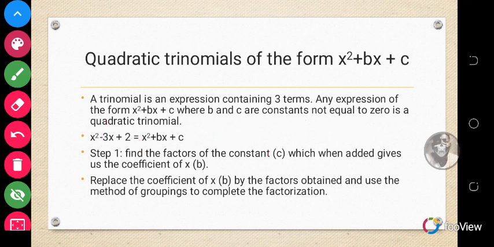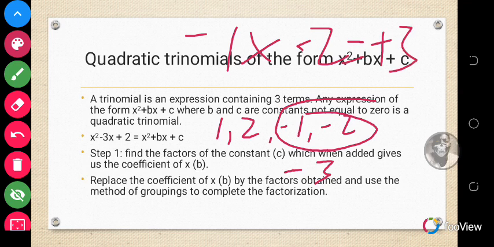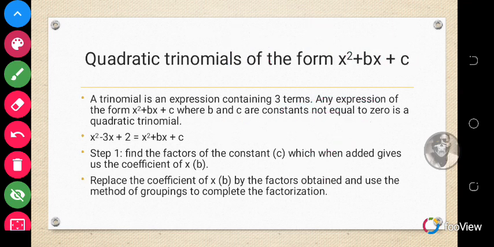The two factors which when you add give -3 are -1 and -2, because when you add -1 and -2 you get -3, and -1 times -2 is equal to +2. So the factors we have are -1 and -2.